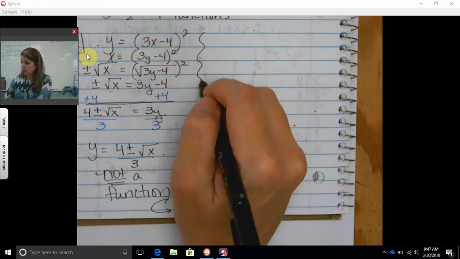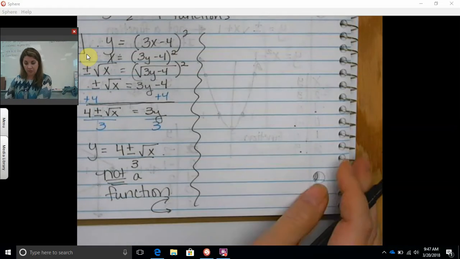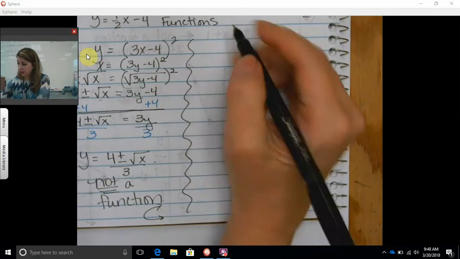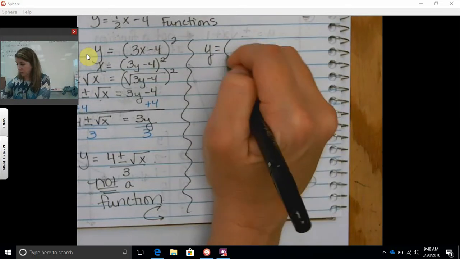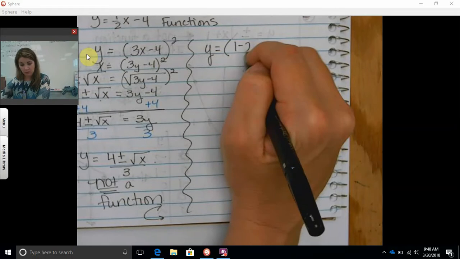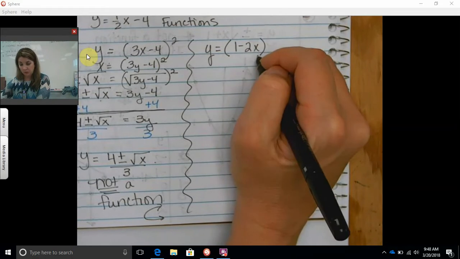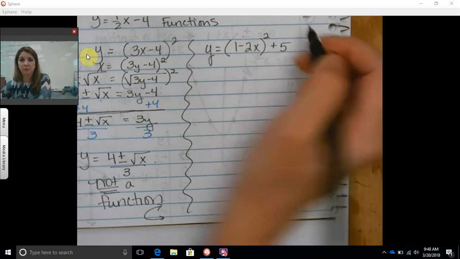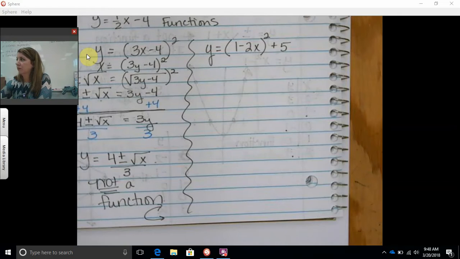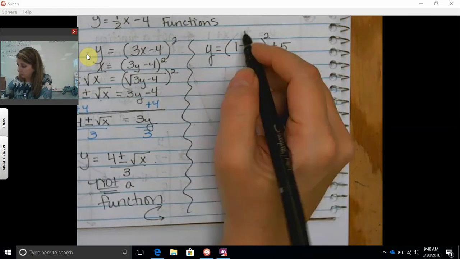Let's do y equals open parentheses, 1 minus 2x, close parentheses, quantity squared, plus 5. Change x and y.